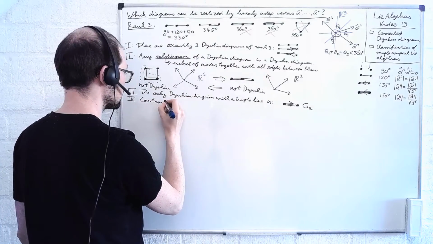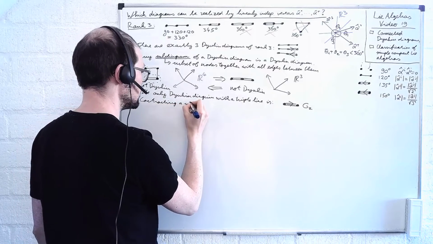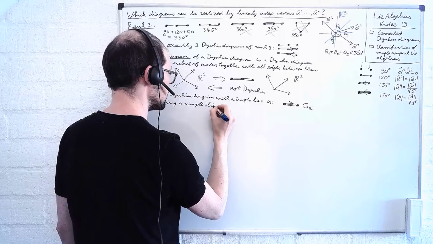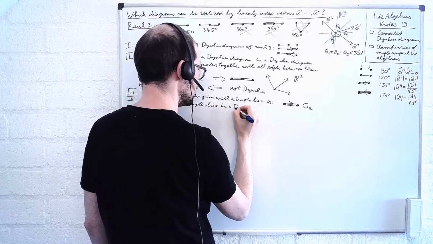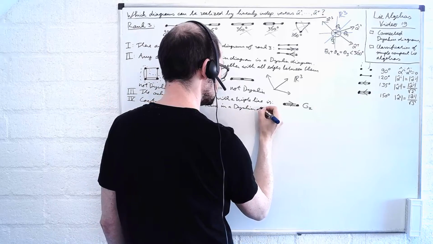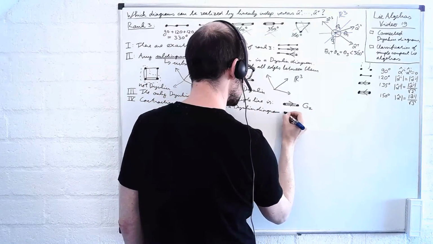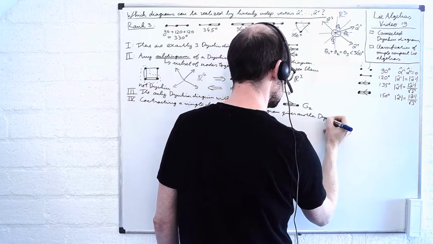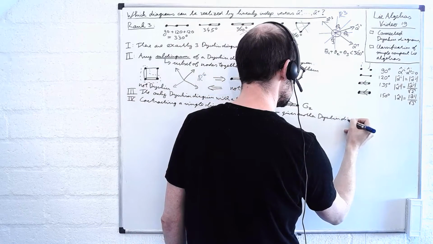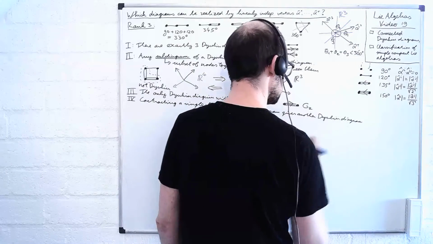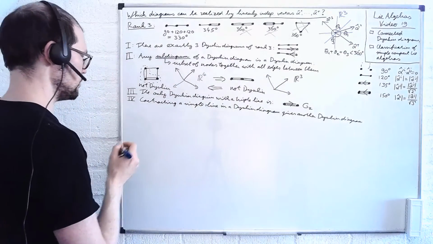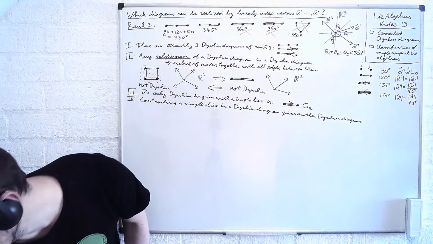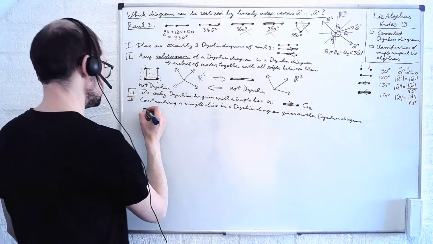Contracting a single line in a Dynkin diagram gives another Dynkin diagram. So let's look at an example. So suppose I take, let's see which one. No, let's do something like this.